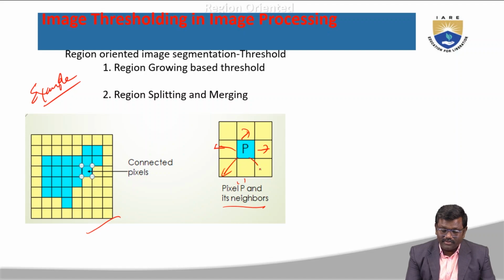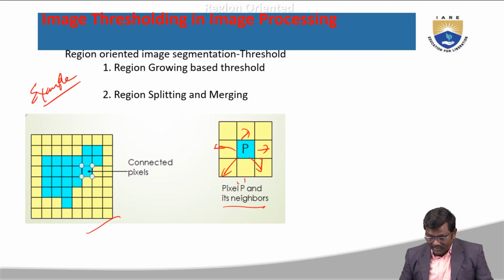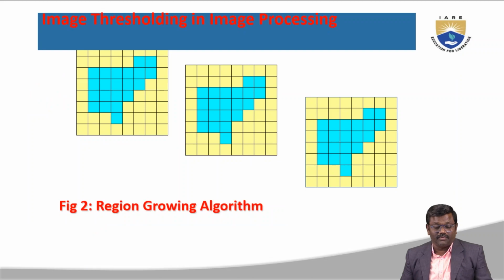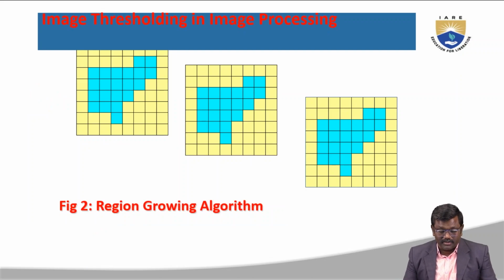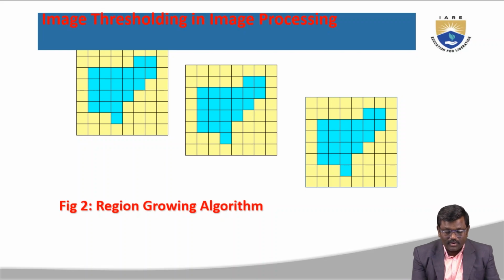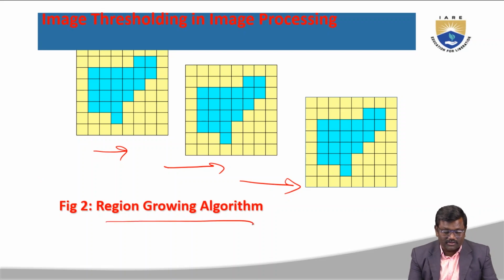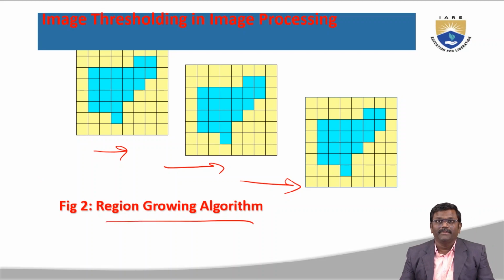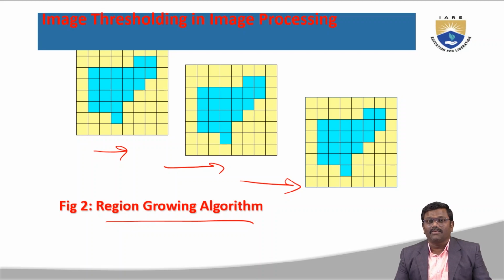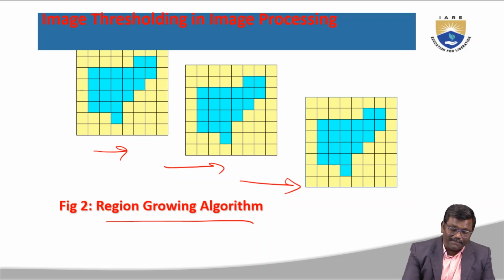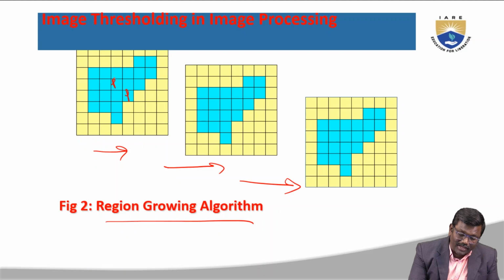We compare one with another. Let us see the same application with one simple region growing algorithm. You see one image with another image, which we process based on the region-based threshold value. This is one of the best processes, comparing the P value.